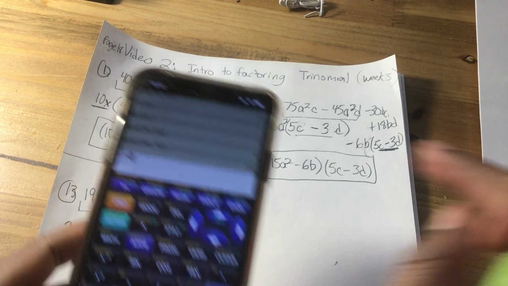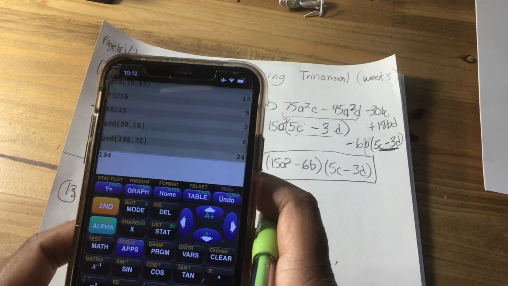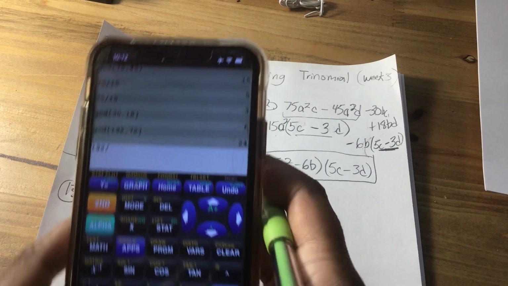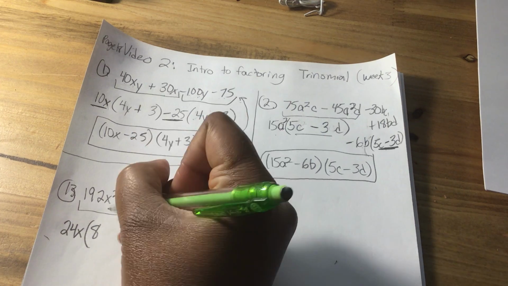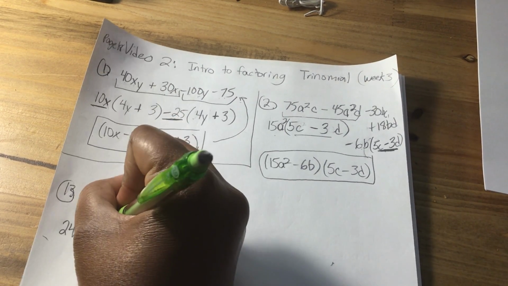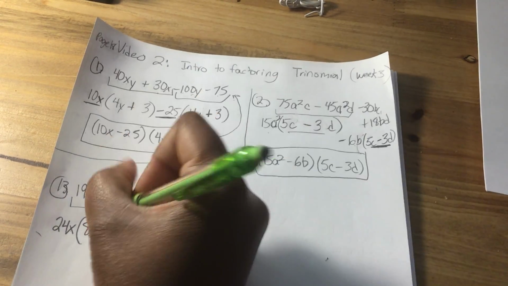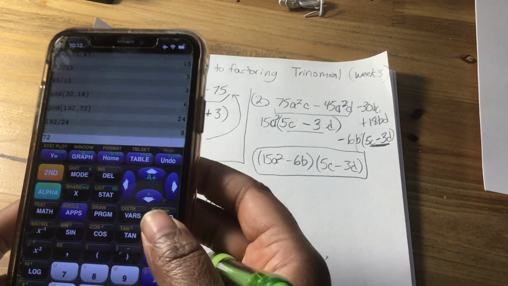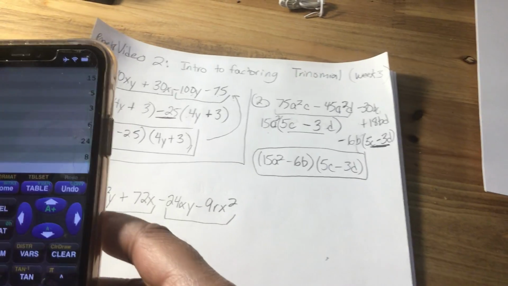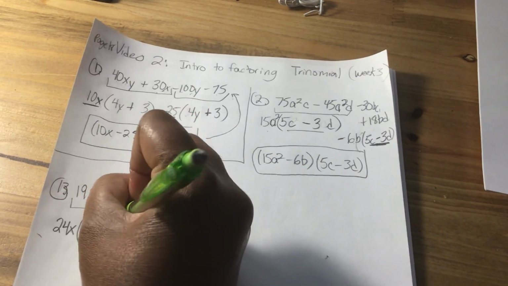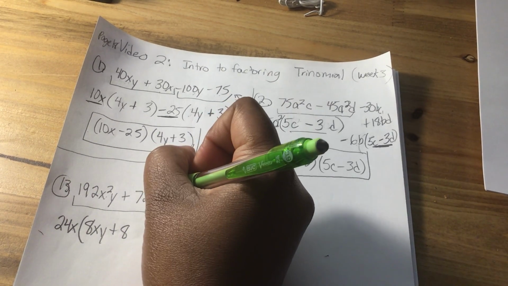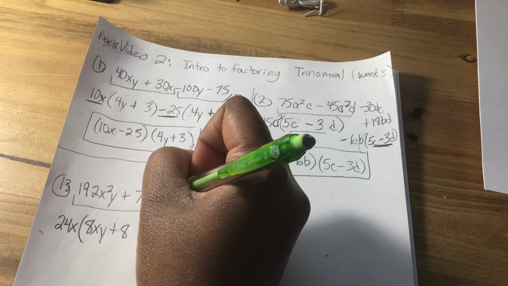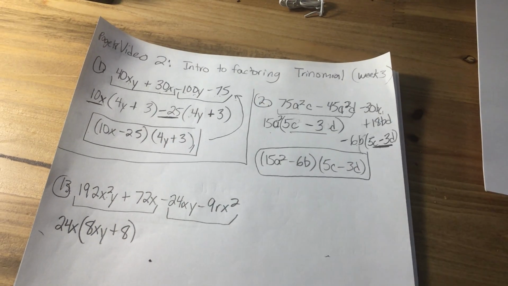Then you say 192 divided by 24, and that gives you 8. So you're left with 8. You took out one x, so you have another x left because that's x squared, and you have a y left. Then you're going to say 72 divided by 24, and that's going to give you plus 8. And you have nothing else left there.